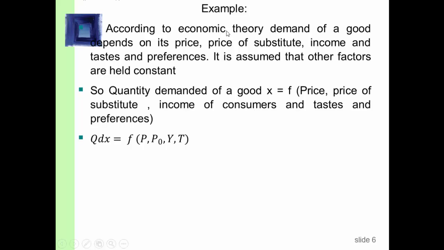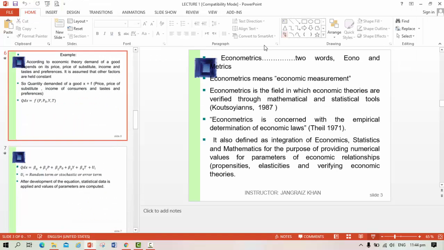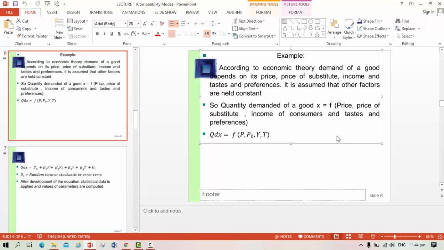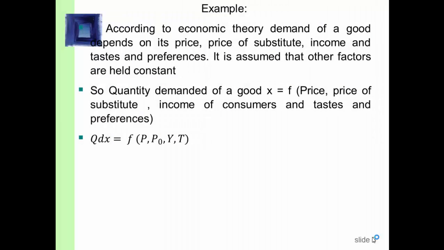So, according to the economic theory of demand, demand depends on price, price of substitutes, income, and tastes and preferences of consumers. It is assumed that other factors are held constant.